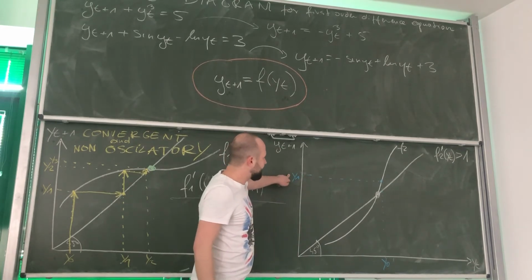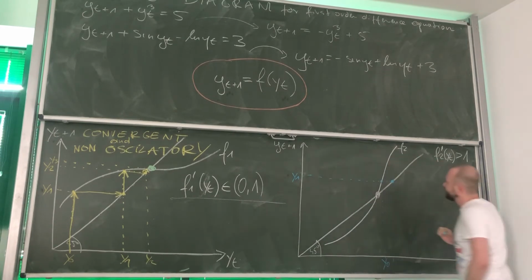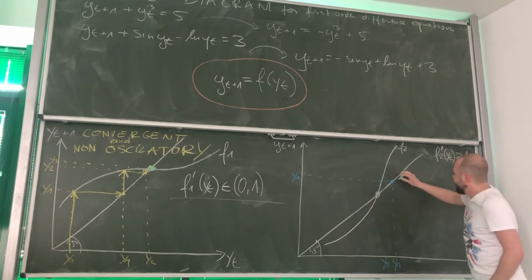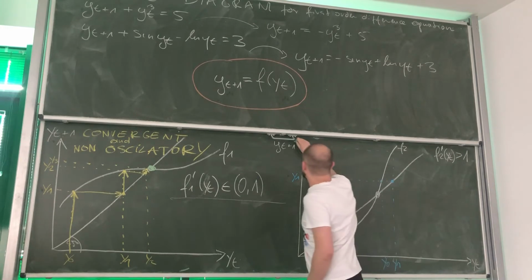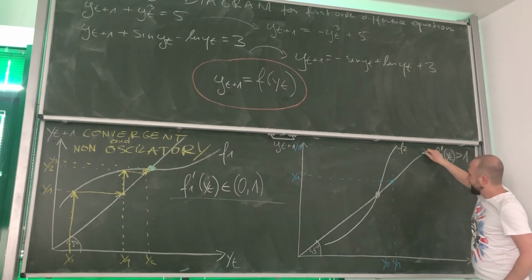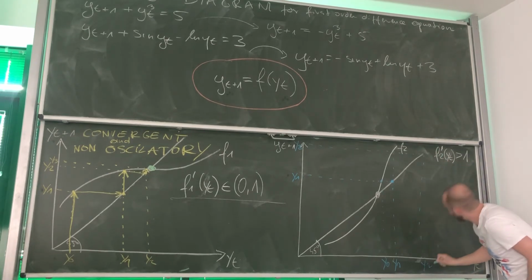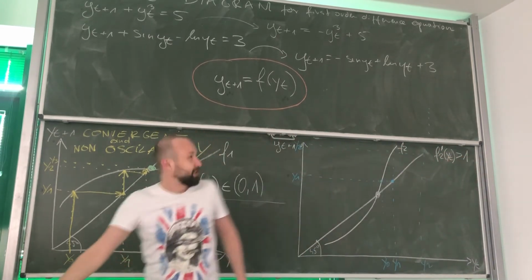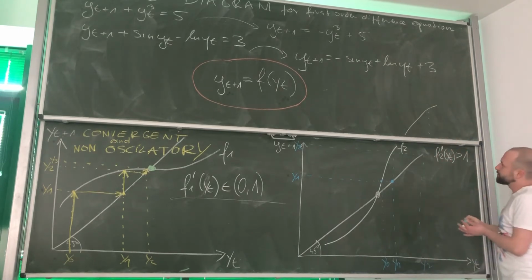And now, if I've got y1 over here, I can put it in here, and from here I can read what y1 is going to change to, y2. Then I will be able to read y2 over here.